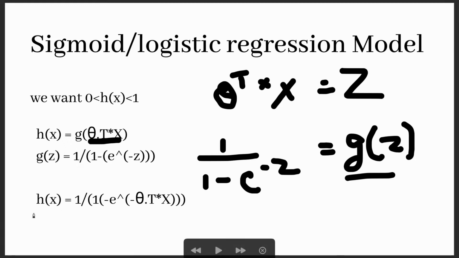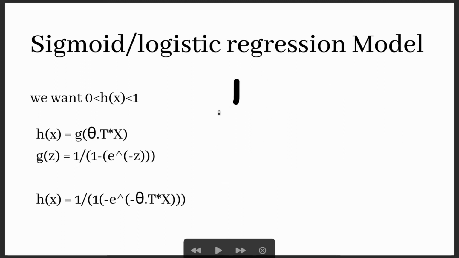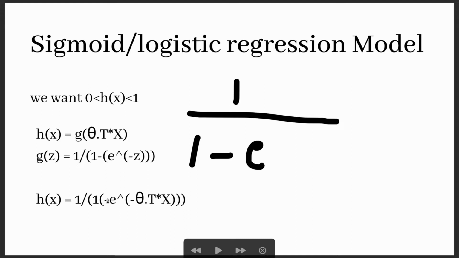Now we put the value of z here, and our final equation will be 1 upon 1 plus e to the power minus theta transpose x.